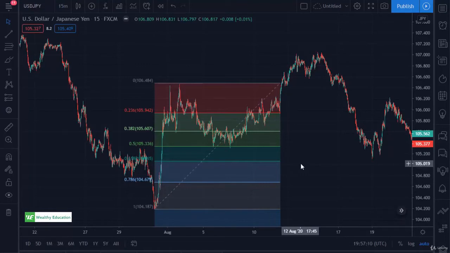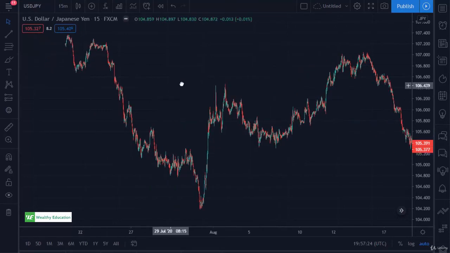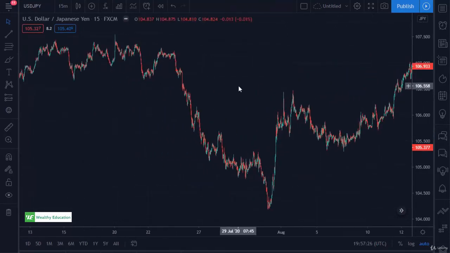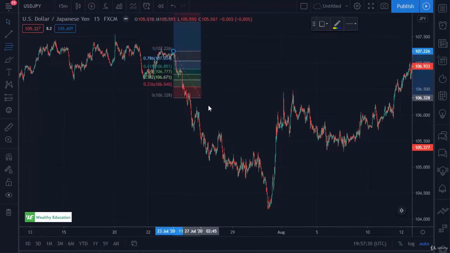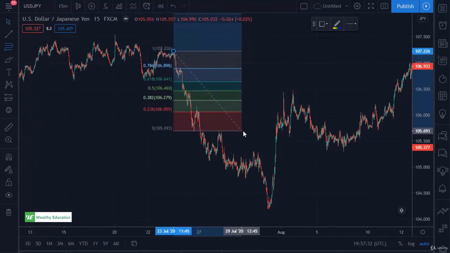Now notice how there are reactions to each of these levels, using this as the swing low and the swing high, because you are trying to capture the bulk of the move. You are trying to make sense of where we are in relation to the most recent move.